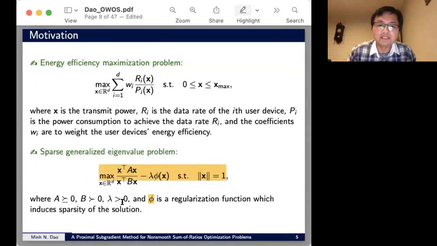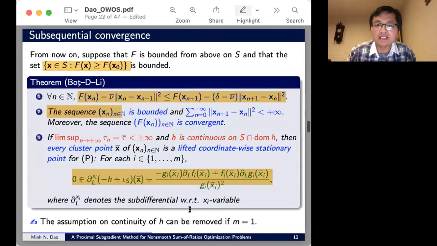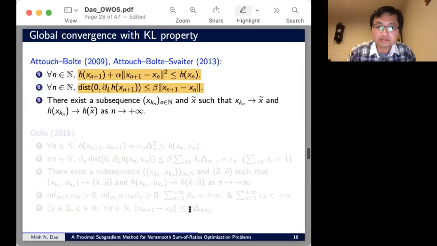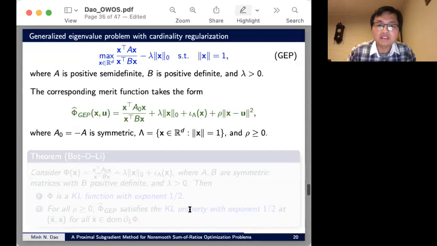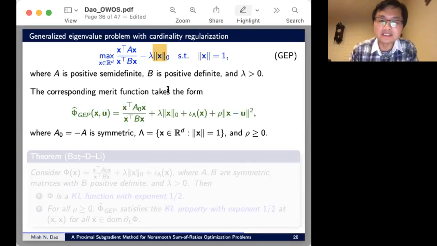So here, we said that the function phi can be a regularization function, and if we choose phi equal to the zero norm of X, we know that the zero norm of X is not a norm.